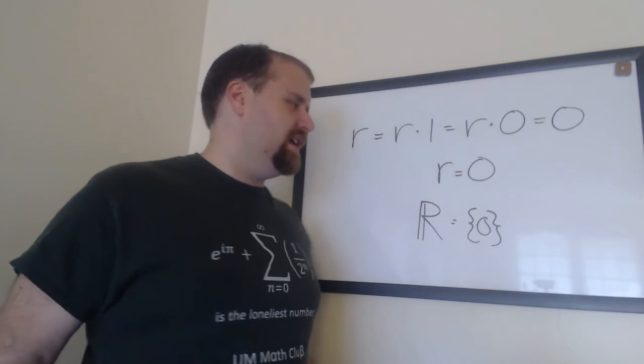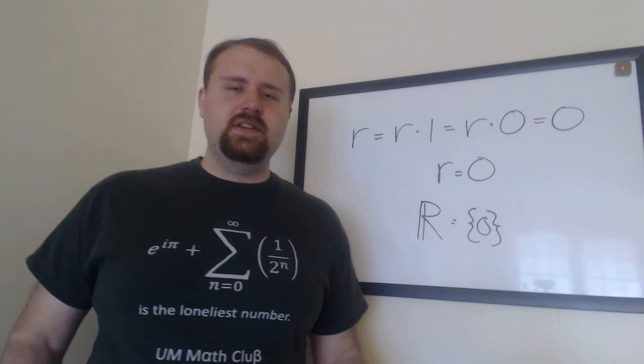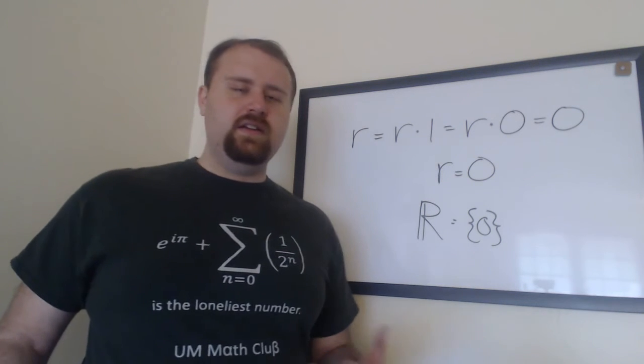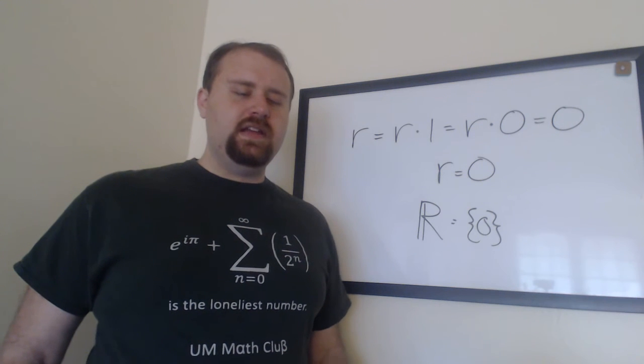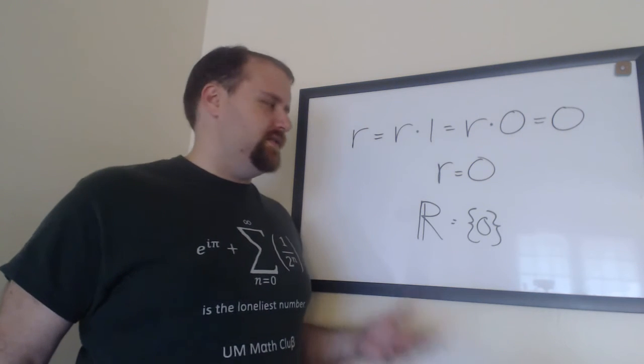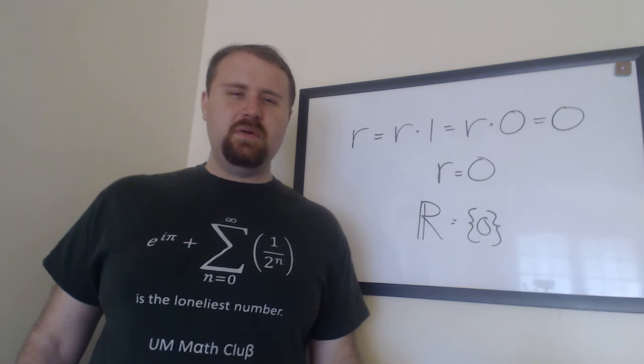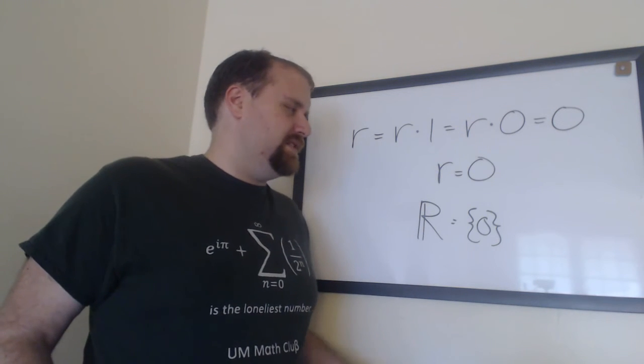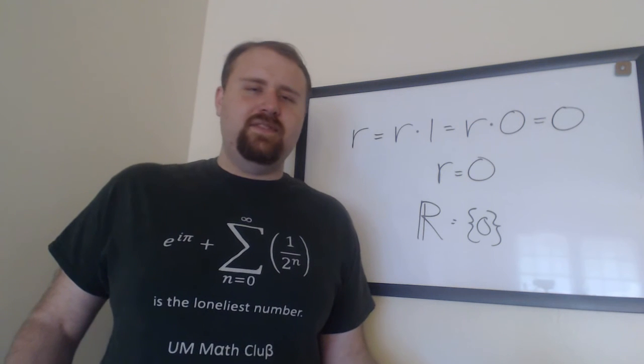We use numbers to help us out in our everyday lives, to talk about real, discernible things. And so if we only have 0, then there's nothing we can do with that. We can't use that for anything.